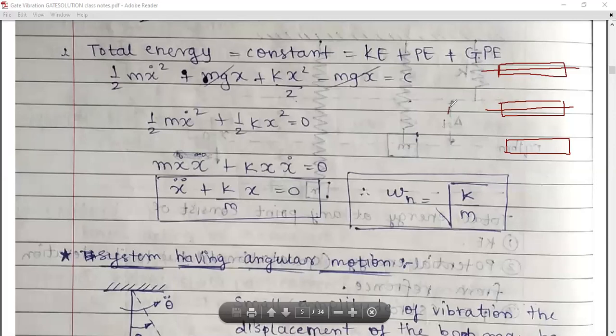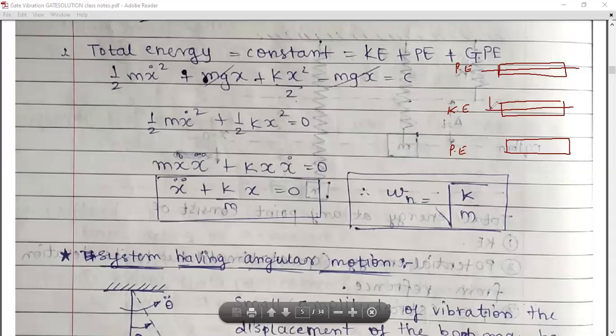At the mean position, kinetic energy is maximum. At the displaced position, potential energy is maximum. It means, as per the first law of thermodynamics, energy cannot be created or destroyed. It changes from one form to another.